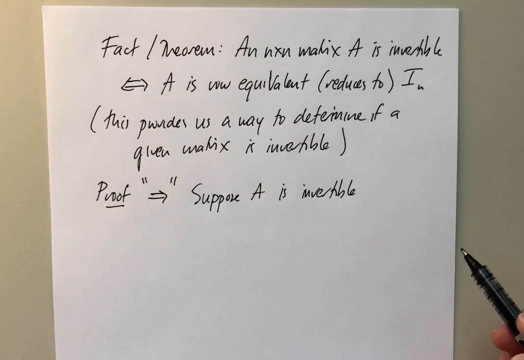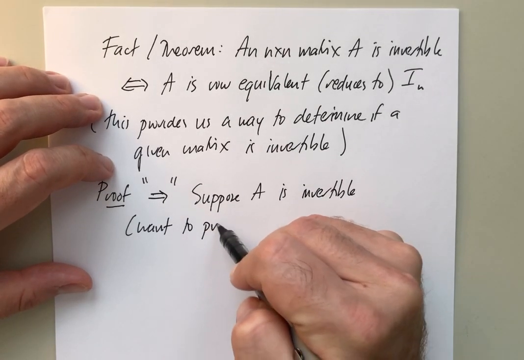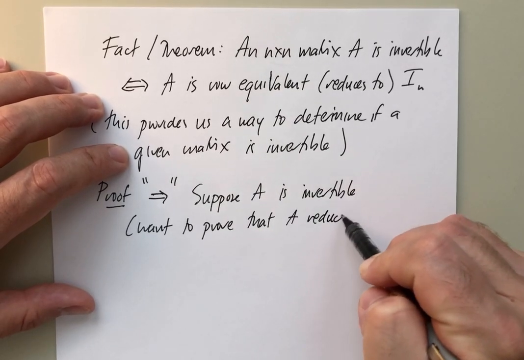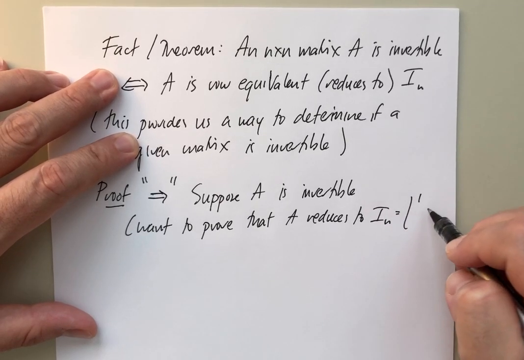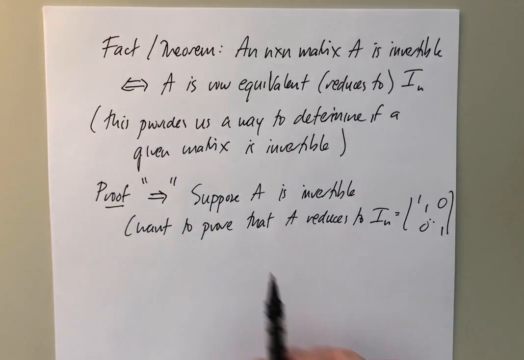Okay. Then what I want to do is prove that A reduces to In, which of course is this matrix that has ones down the diagonal and zeros everywhere else. Well, what do we know?